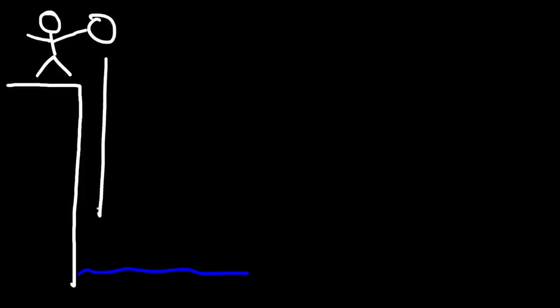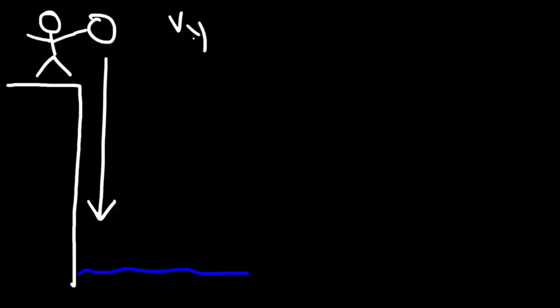Let's say we have a person who is standing on top of a cliff next to the ocean, and this person has a ball in his hand, and he releases the ball from rest. So he doesn't throw it down or throw it up, he simply lets go of the ball. Well, we know what's going to happen. Gravity is going to cause the ball to fall. Now, what can you tell me about Vy, the vertical velocity of the ball?